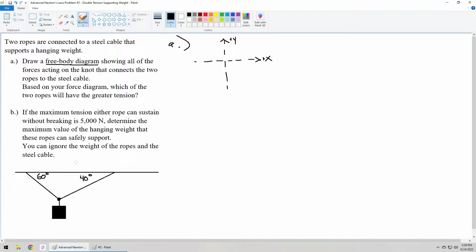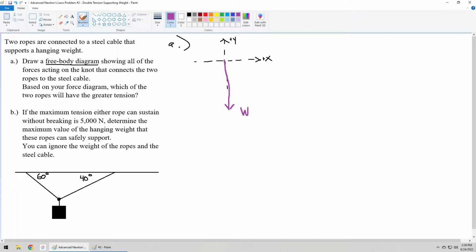We know that the knot has to support the weight of this hanging mass. So let's draw a weight vector that points directly downward, in this purple color here. That's W or mg, however you would like to write that.